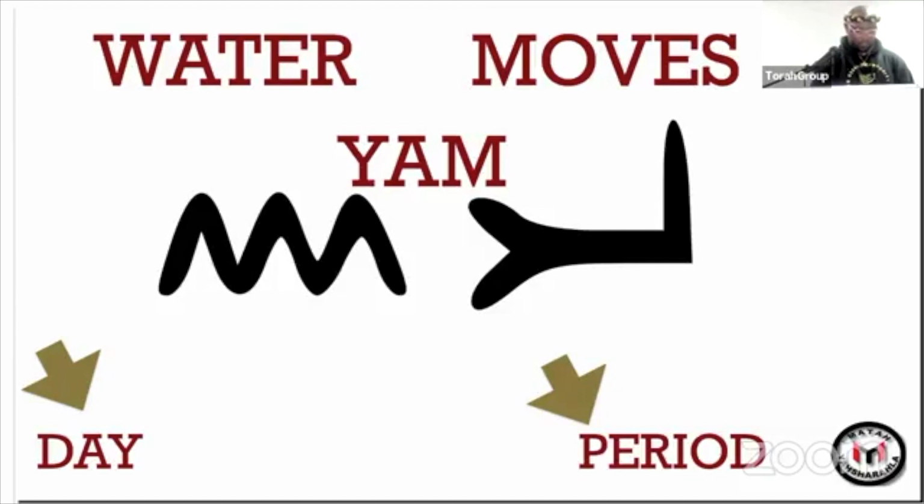Shema. It says, and it shall come to pass afterward, that I will pour out of my spirit upon all flesh, and your sons and your daughters shall prophesy, and your old men shall dream dreams, and your young men shall see visions. And on my servants and on my handmaids in those days will I pour out of my spirit, and I will show wonders in the Shemayim, or heaven, and upon the earth, blood and fire and vapor of smoke.